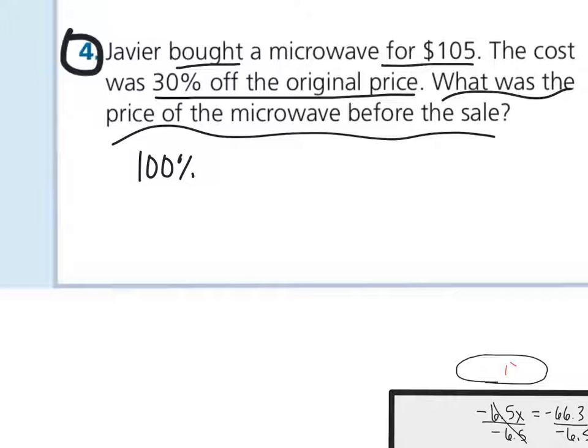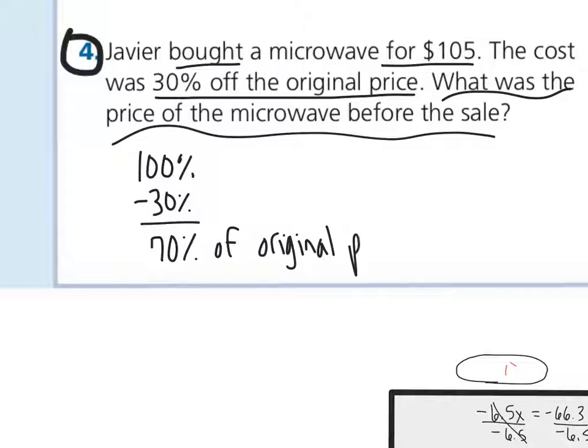One way to think about it might be that full price would be 100%. If we got 30% off, means we're going to be paying 70%. So we could say 70% of the original price is $105.